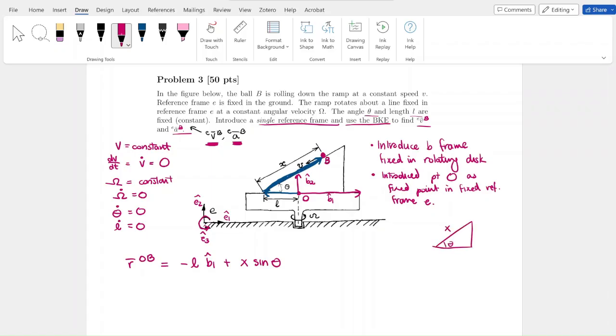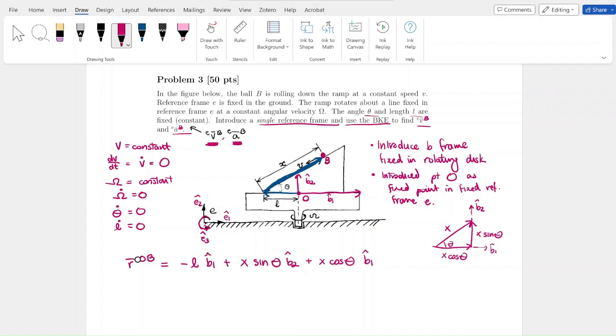This is X. X sine theta is here. X cosine theta is here. So we have X sine theta in the B2 hat direction plus X cosine theta in the B1 hat direction, right? Because we're traveling first this way and then we go up. So this is in the B1 hat direction and this is in the B2 hat direction.